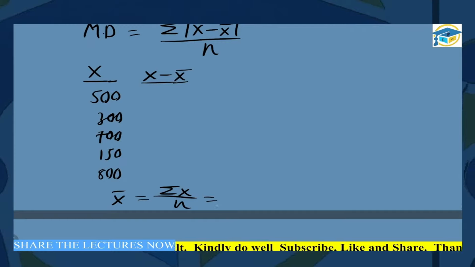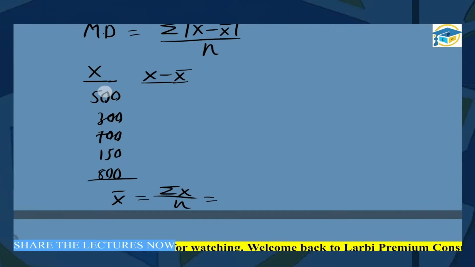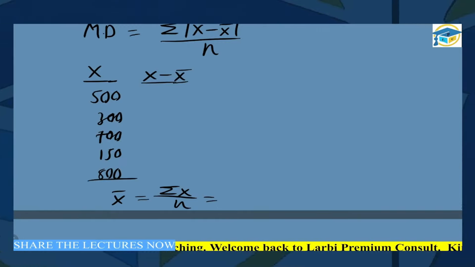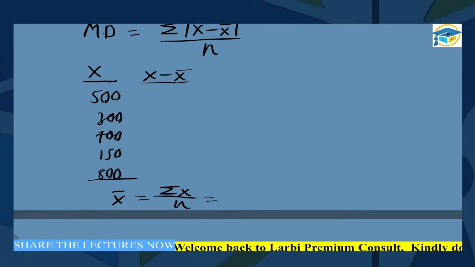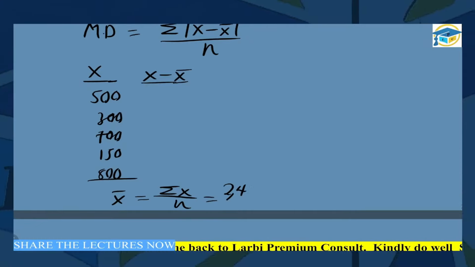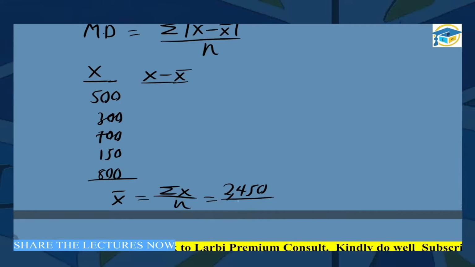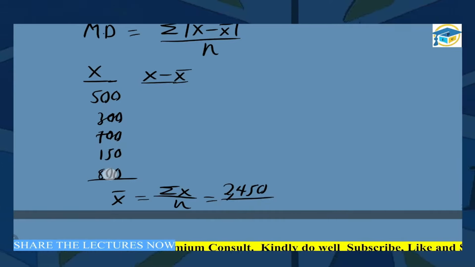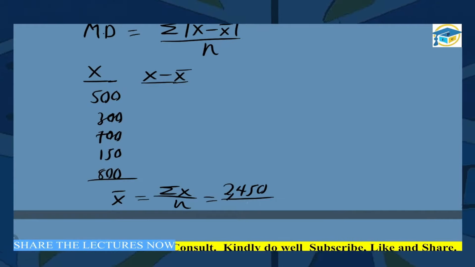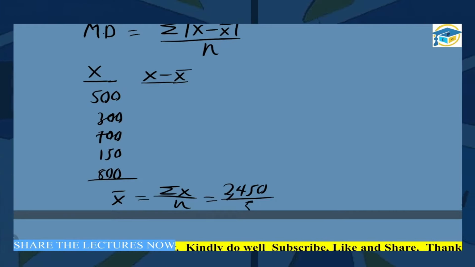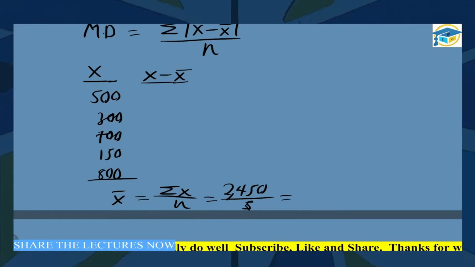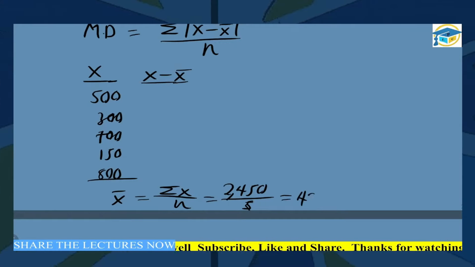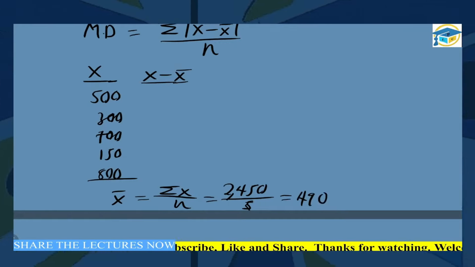When you add all these X values, you're supposed to get 2,450, and then divide by the number of values: 1, 2, 3, 4, 5. From 2010 to 2014 is 5 years of profit figures. So you're going to get 490 as the mean.